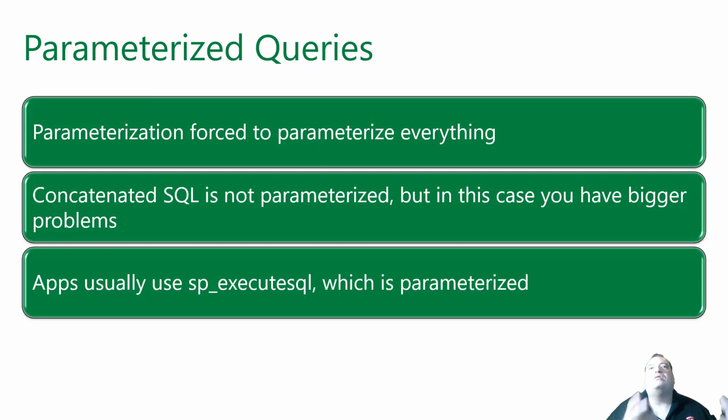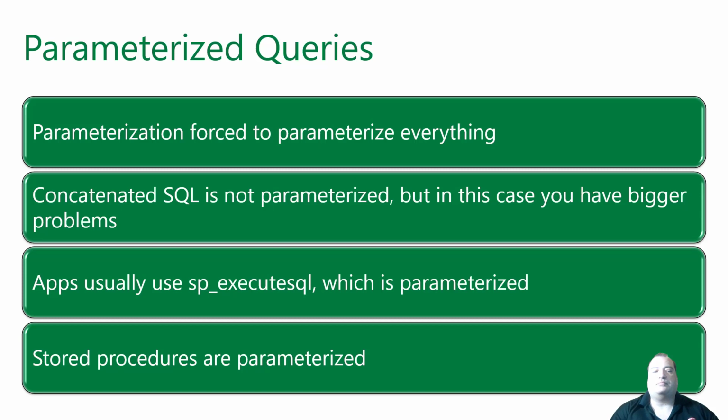You don't build this in the application code. The object that you use to access the database builds this for you, making the queries parameterizable. So they execute the queries through this procedure to make them parameterizable. And the stored procedures are parameterized by default.